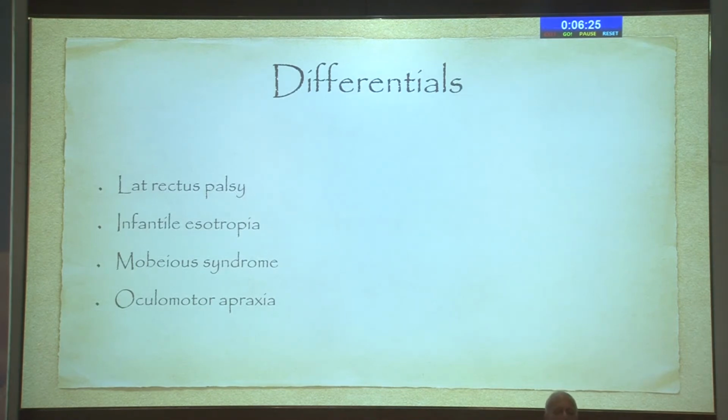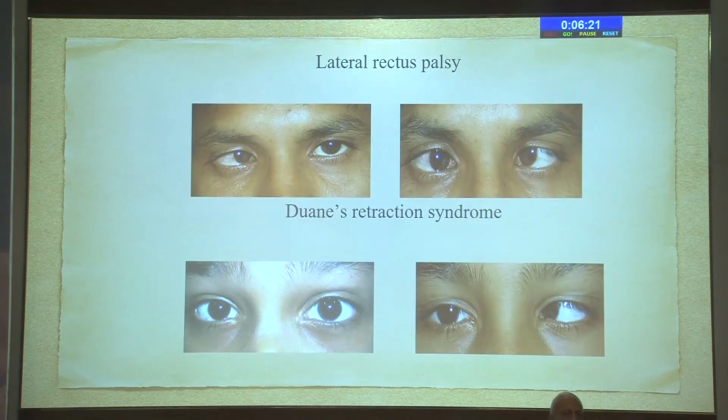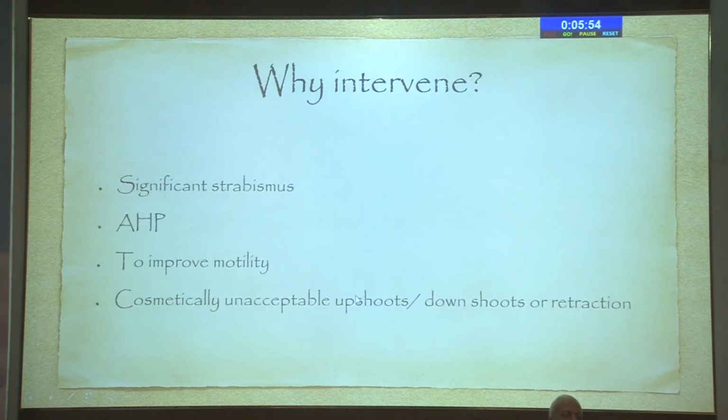The only thing you have to look at to differentiate Duane's from lateral rectus palsy is the primary angle of deviation. In the picture above, both patients have dramatic abduction limitation. But in primary gaze, there is a fairly large angle esotropia in the patient with lateral rectus palsy, while this child with Duane syndrome, despite fairly marked abduction limitation, has almost straight-looking eyes.